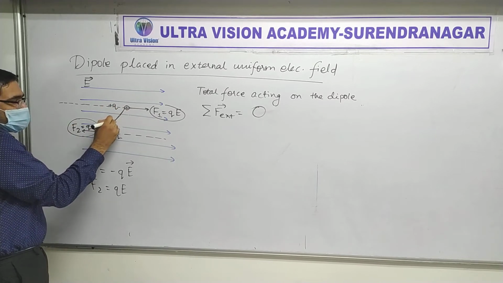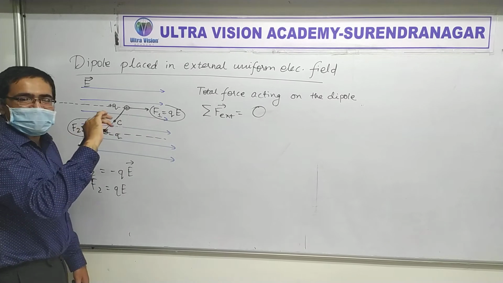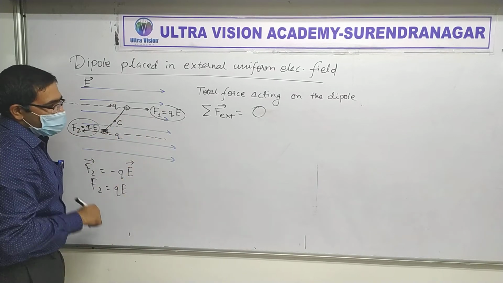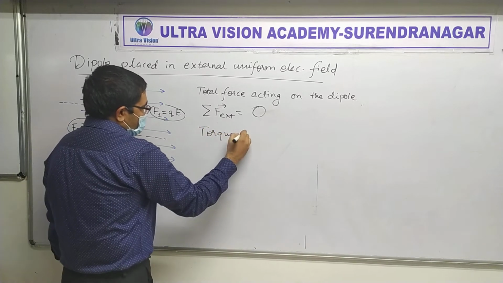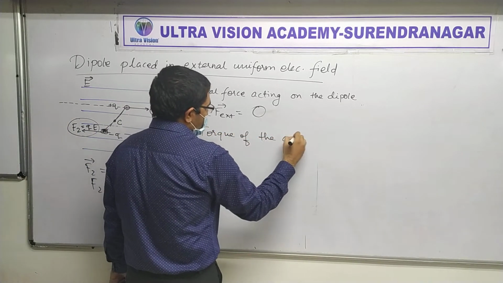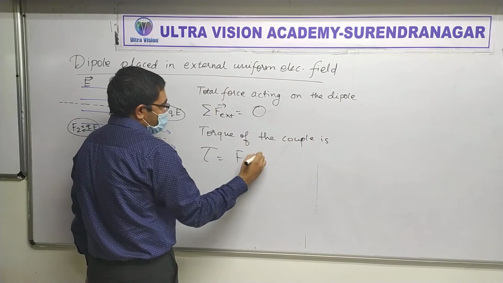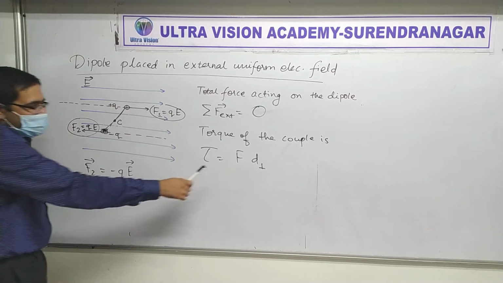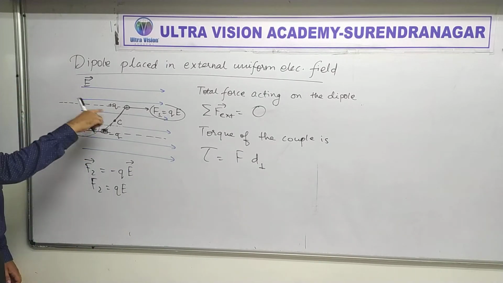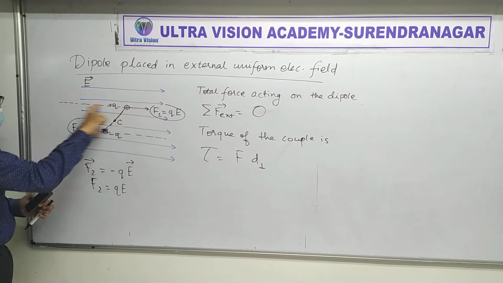So suppose this is the center, right? First I'll explain it by the couple method for anyone who is watching the video. The torque of the couple is simply given by tau equal to F d perpendicular, where F is the force magnitude and d perpendicular is the perpendicular distance between the lines of the forces.